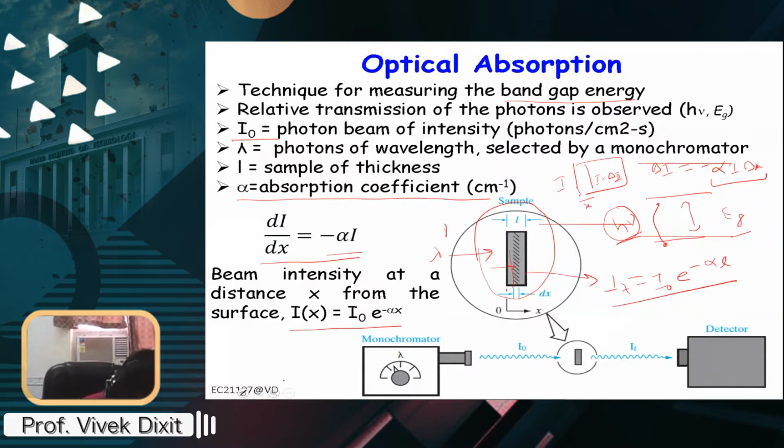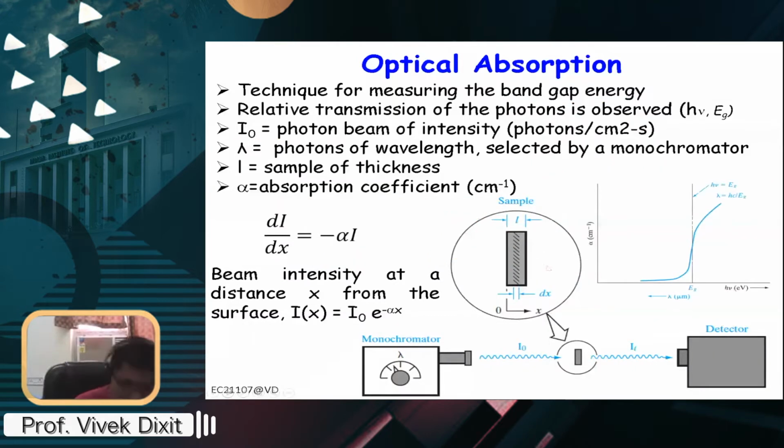So let me do one thing here. Okay, so this is basically how the absorption curve will look like. For a given photon energy, if the photon energy is less than the band gap, absorption is negligible.